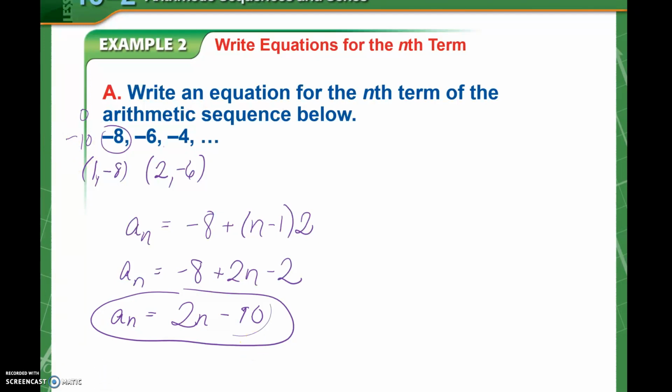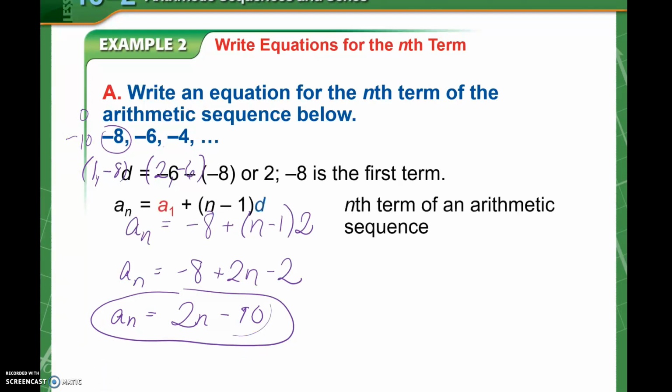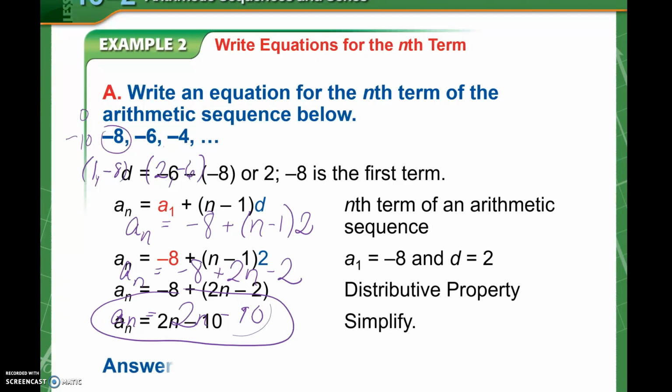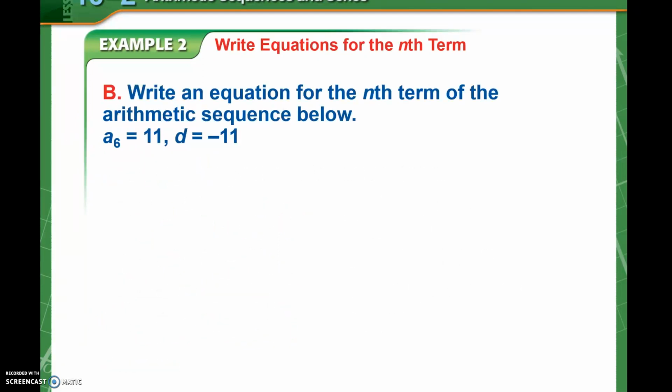So you can kind of go to that without writing out all those steps, but this is just using that arithmetic equation. Okay, sometimes they don't give us our first term, so then we're going to have to use that equation to find the first term. They gave us the sixth term, so we know when n was 6, we had 11. So I'm going to put 11 as my an, and I'm going to use this to find a1 so I can write my equation.